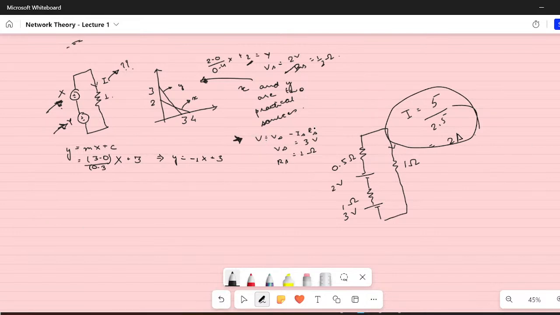We'll get the ideal voltage and the source resistance, and through that we can calculate the net resistance of the circuit, assuming the rest of the network to be ideal. These are the kind of questions you would get on practical voltage sources, right?